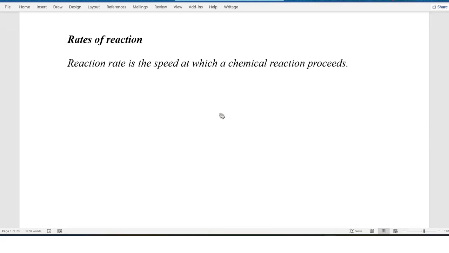So we are talking about the rate at which products are formed or the rate at which reactants are consumed. That gives you generally the rate of reaction.